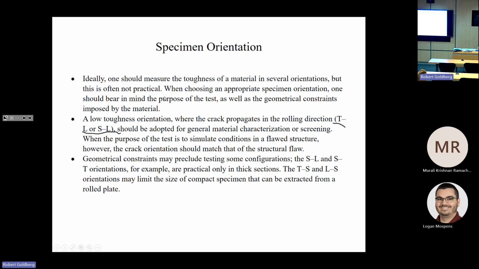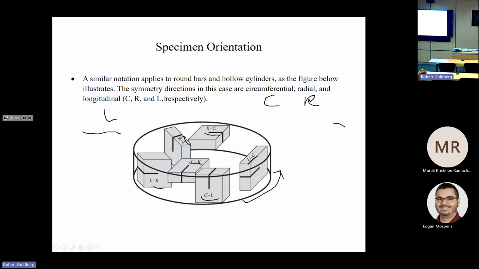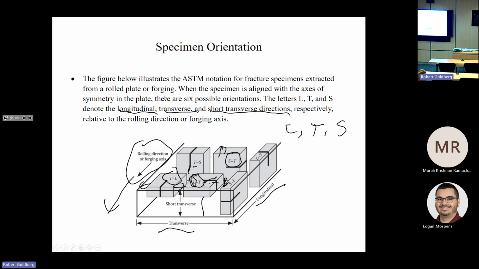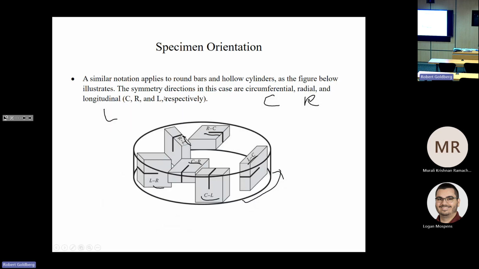If you have a real thin specimen, like the SL and the ST orientation, something with short transverse, well, if the short transverse dimension is real small, it's going to be awfully hard to do a test in this orientation.